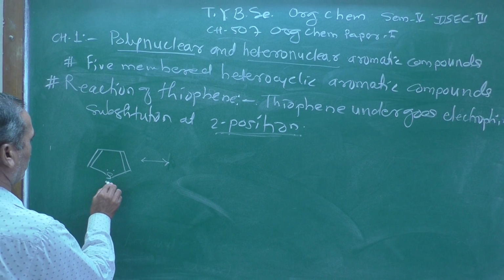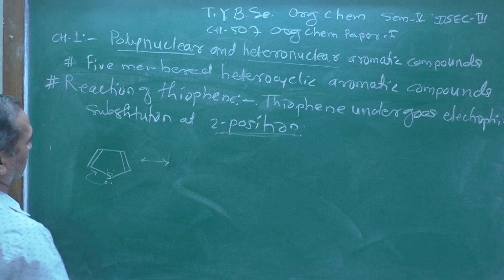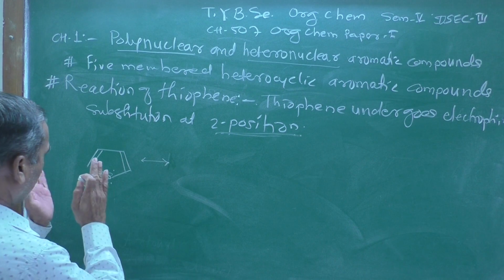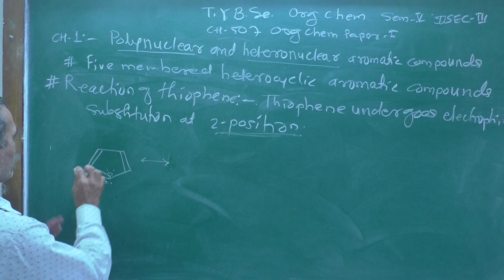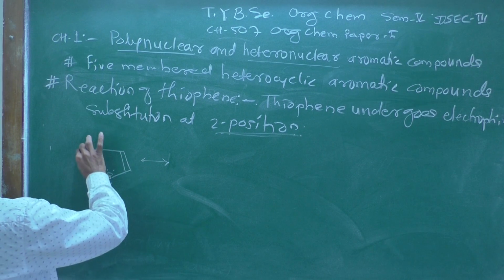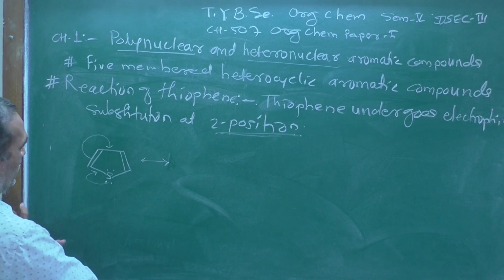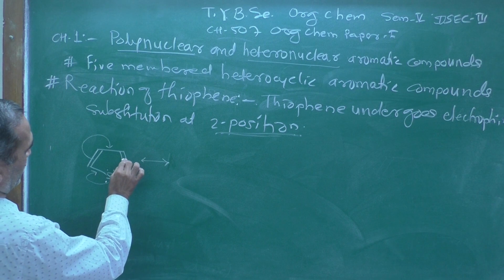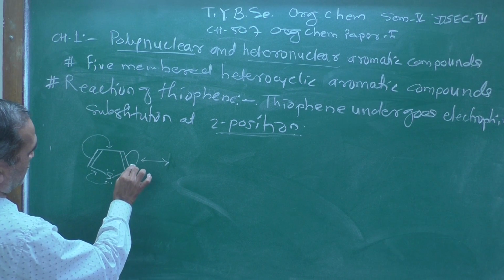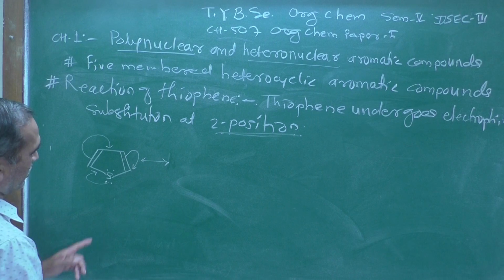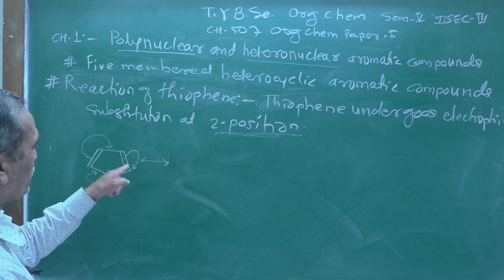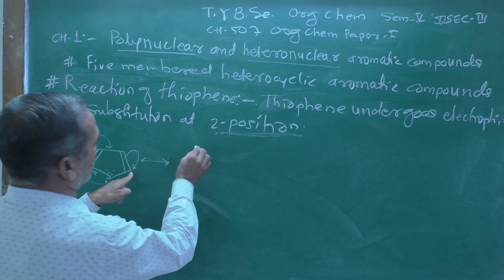So this lone pair moves in this manner, then this double bond shifts from here to here, and this double bond shifts here, and concentrates the electron density at this corner point.